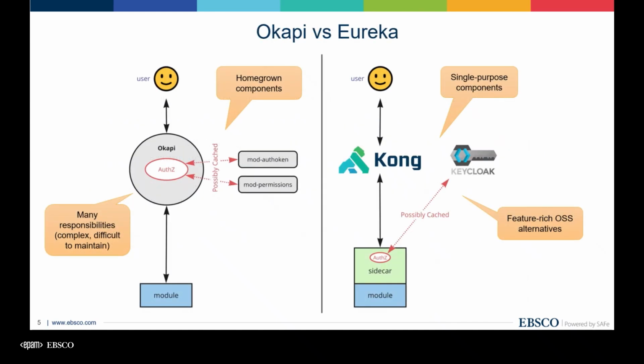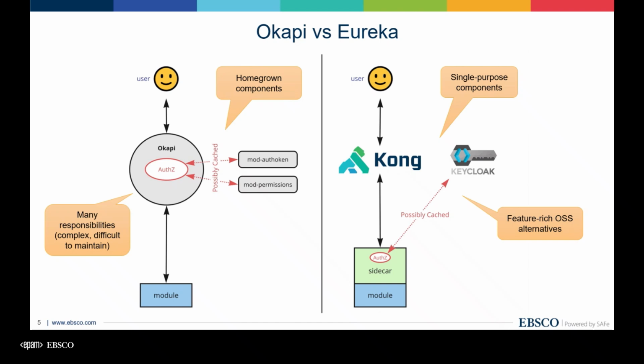So this is the start of the comparison of Okapi and Eureka. And this is just a really zoomed in view. On the left-hand side, you can see Okapi at the center of the picture. It's a hub and spoke model where every single request in the system goes through Okapi, whether it's an external request from a browser or an internal request going from one module to another.